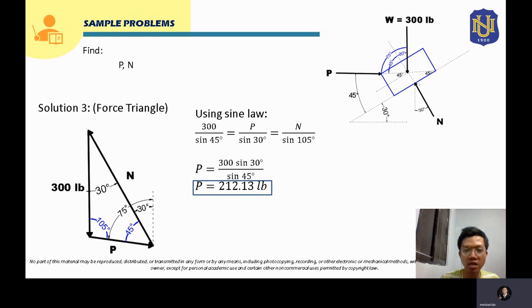That will be the value of P. Now to solve for N, N will be 300 sine 105 degrees over sine 45 degrees, and it will give you 409.81 pounds. So these are the answers using solution 3.